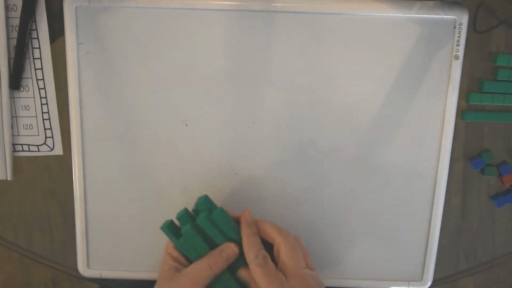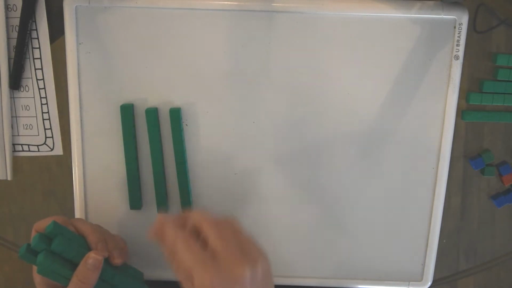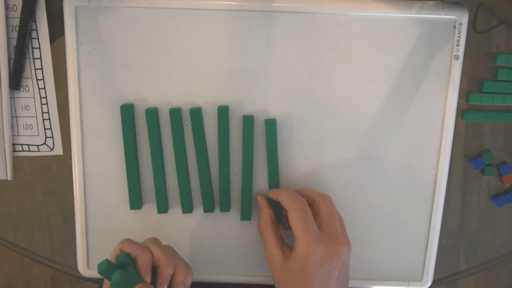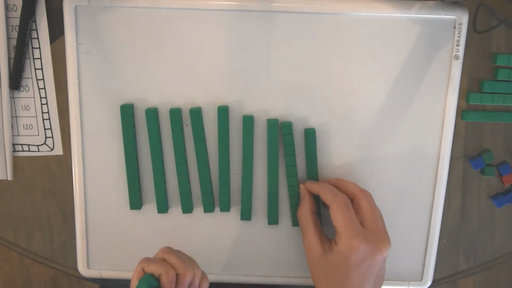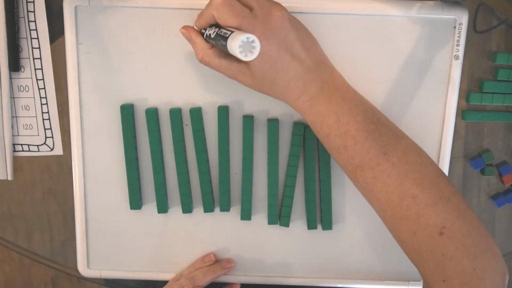Okay, so I'm going to start by adding 10 tens. 1, 2, 3, 4, 5, 6, 7, 8, 9, 10. Now, from our lesson 6.9, we learned that 10 tens equals the number 100.